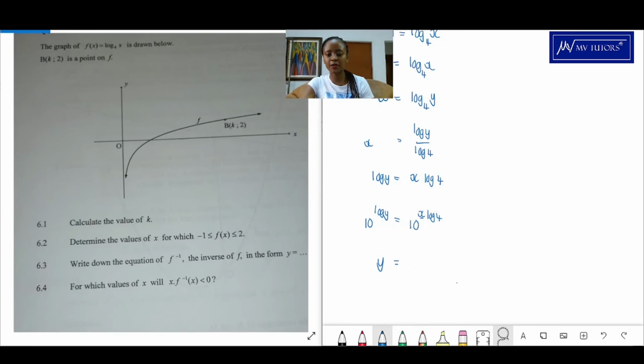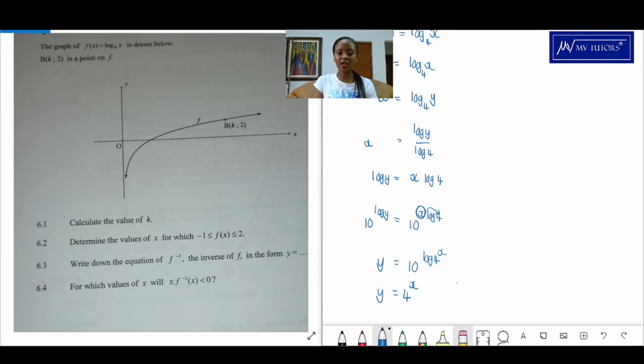You can always take the coefficient of the log and make it a power. So we have 10 to the power log 4 to the power x. I can take this to the other side, and then the 10 and the log cancel. So finally I have y is equal to 4 to the power x. I'm just showing you an alternative way, guys. You know the easier way, but just in case you get lost, this always works.